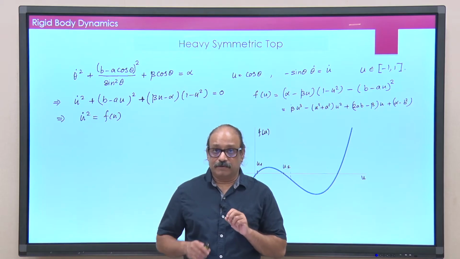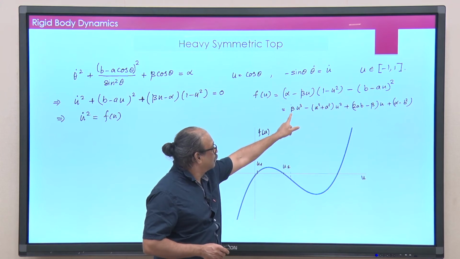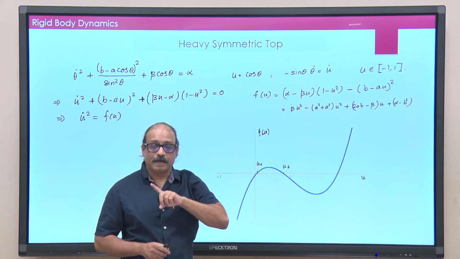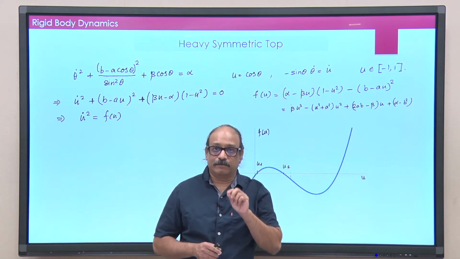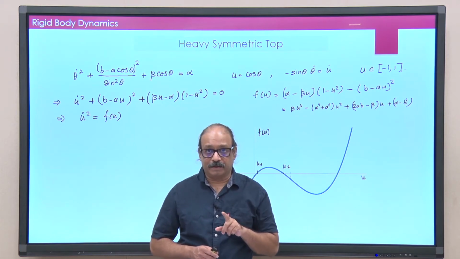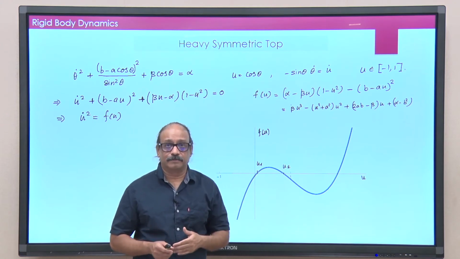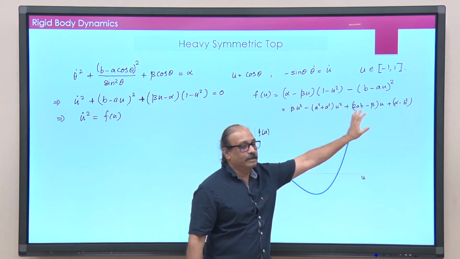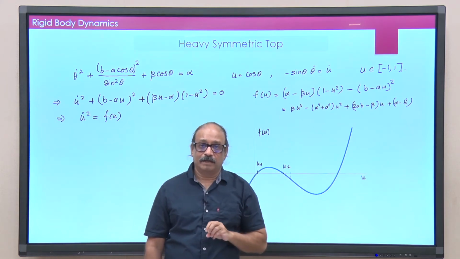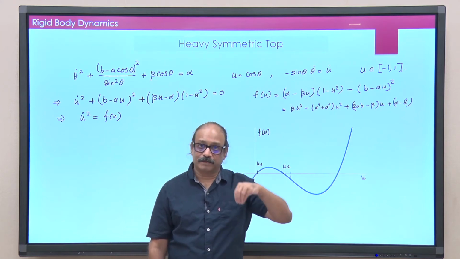Now, for this cubic polynomial, look at what the first coefficient, of u cube, is. That is beta. And what was beta? Beta is twice mgl by I1, a positive number. Okay. So, when u becomes very large, you can ignore the remaining terms, and the polynomial behaves like u cube with a positive coefficient.